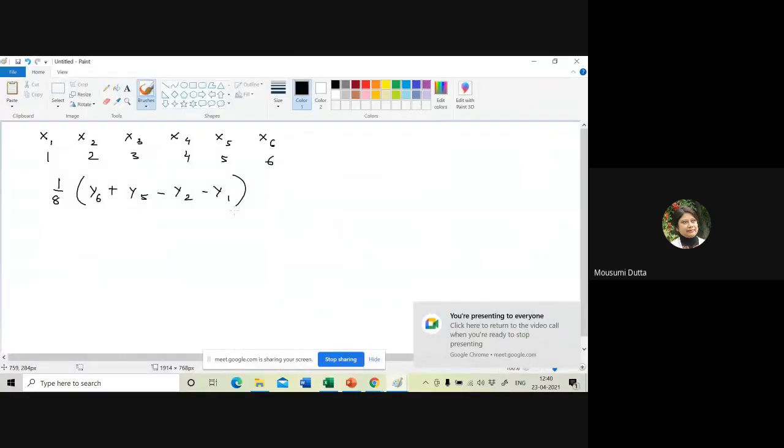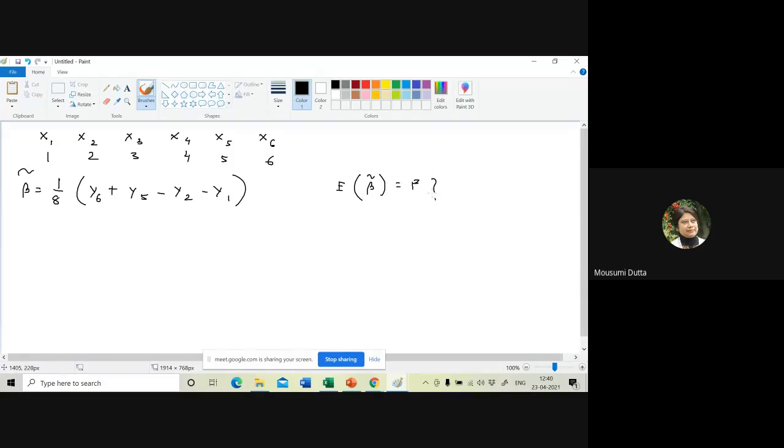So let's consider this alternative estimator is beta tilde. We need to check whether the expectation of beta tilde is equal to beta. In that case, beta tilde is an unbiased estimator.